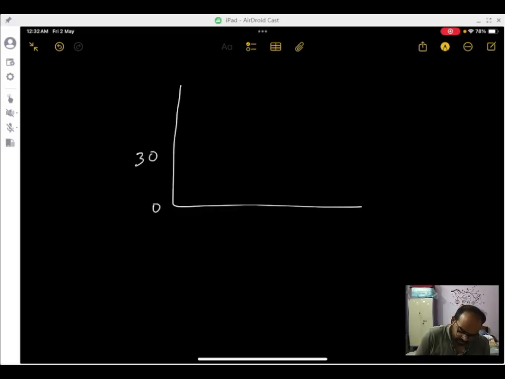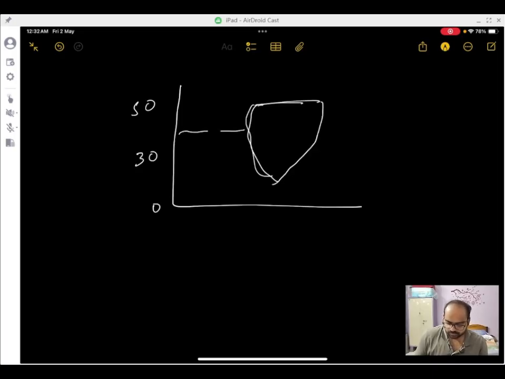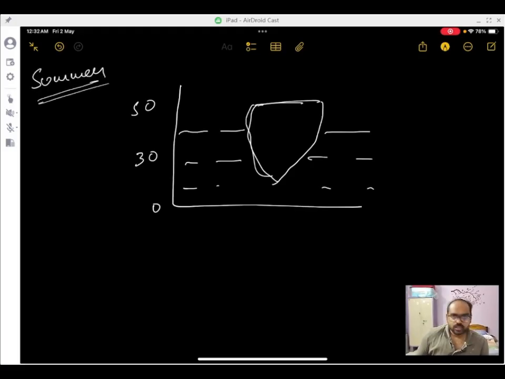Let's take the northern hemisphere. 0, 30, 50 latitudes. It is a landmass and it is ocean. Let's take summer. Summer means July or June.